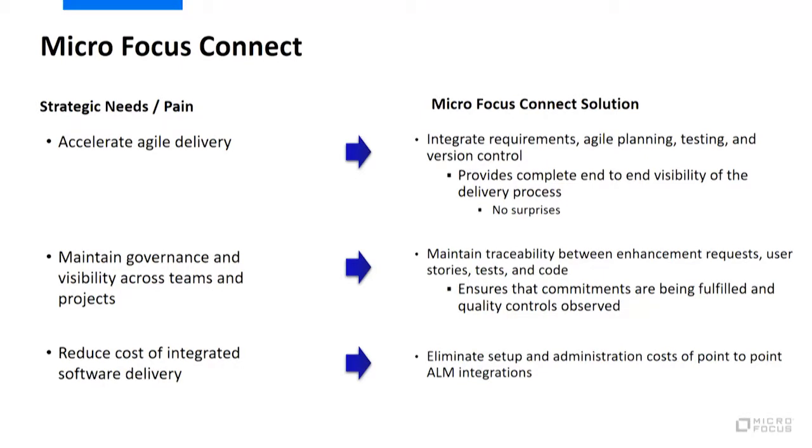It's been the driver behind Micro Focus as an organization for a large number of years. We need to make sure that the organizations that we deal with have complete control and visibility into everything that goes on in all of their environments. We need to make sure that we can track and trace every system update that takes place. So the MF Connect technology allows us to do that.